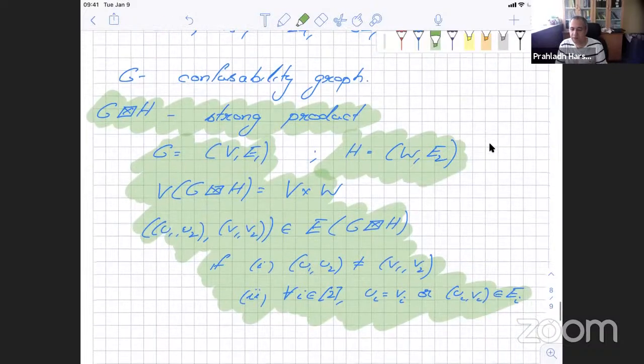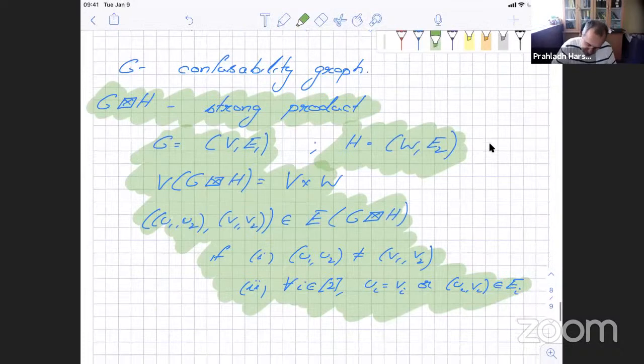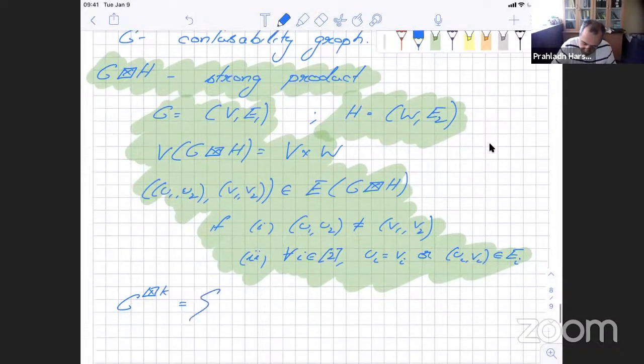And if you recall, if G is the confusability graph for one letter words, the strong product of G with itself is the confusability graph for two. You're asking, is there a possibility for confusion when you write two things? So all I'm claiming is, and I'm going to write G strong product 2. In general, we're going to define G strong product K to be equal to G if K equals 1, and it is G strong product K minus 1 strong product G for K greater than 1.